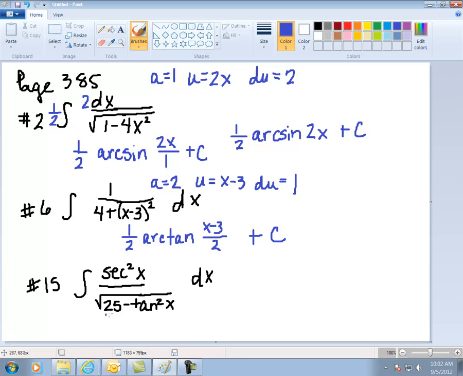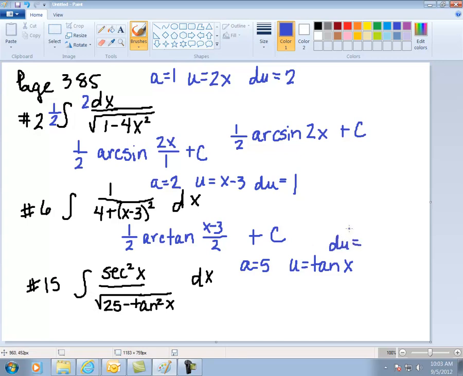Again, down here in number 15, I see that I have a square root again, and I have a perfect square and a perfect square. In this case, my a is going to be 5, because 5 squared is 25, and my u is just going to be the tangent x, and I have a u squared right here. This is starting to resemble formula number 18 from page 385, but I need to make sure that I have du.